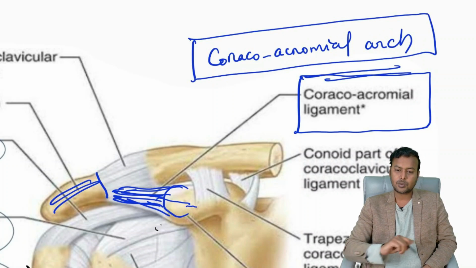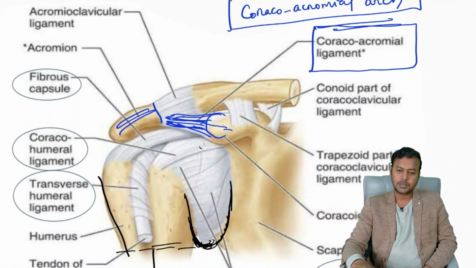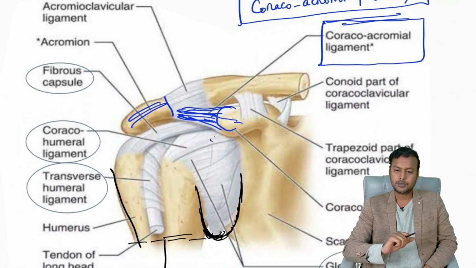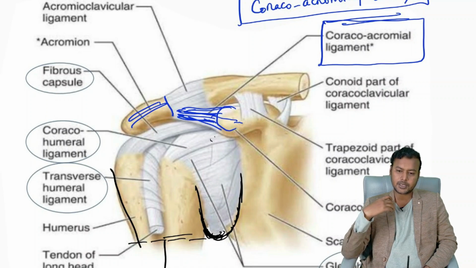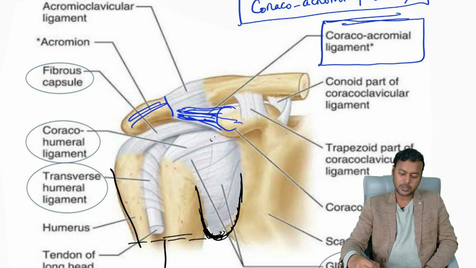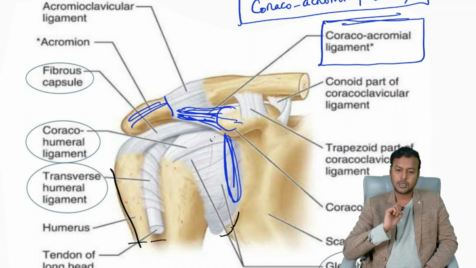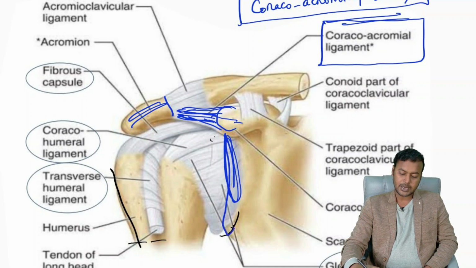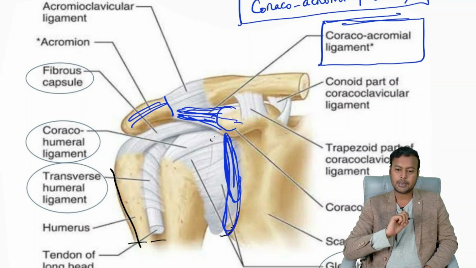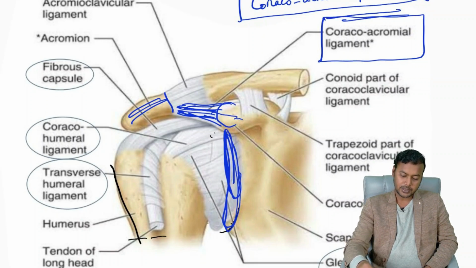Now students, this coracoacromial arch is also providing the shoulder joint with greater stability. It acts as a secondary socket. So one socket of the shoulder joint you saw which was present on this side, that was the glenoid cavity lined by the glenoid labrum, with which the head of the humerus is articulating.